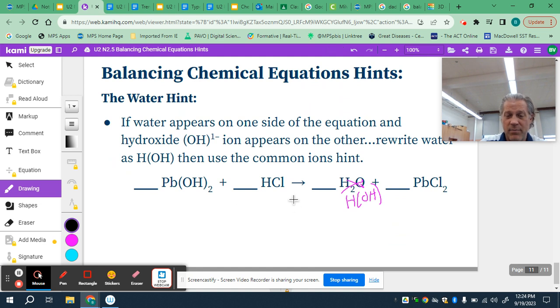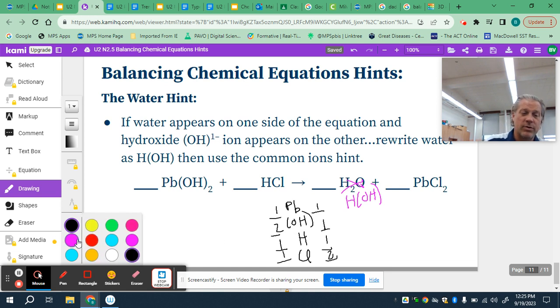So I've got Pb, I've got OH, which I'm going to treat now as my common ion hint, and I have H and I have Cl. So if I start with my left side, I've got 1 Pb, 2 OHs, 1 H, and 1 Cl. And then when I look at my product side, I have 1 H, 1 OH, 2 Cls, and 1 Pb.